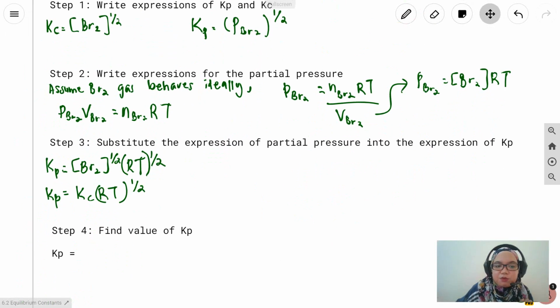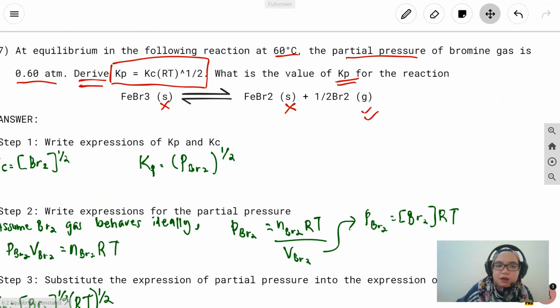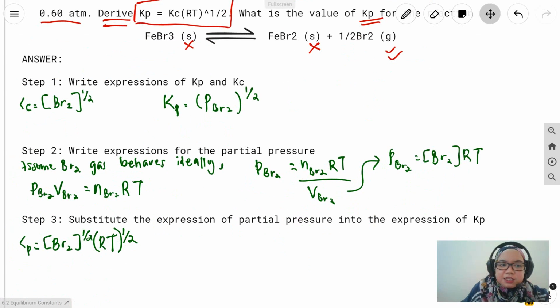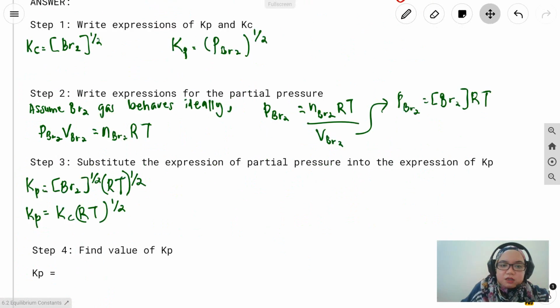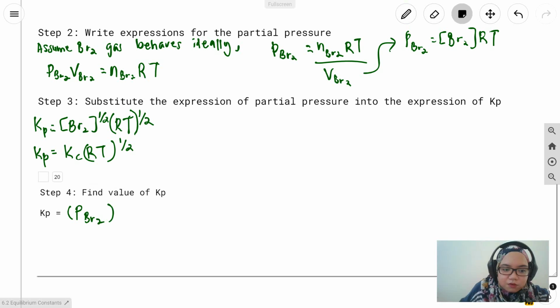So now, for the last question, it asks, what is the value of Kp? So we want to find Kp. So we know that they gave us the partial pressure of bromine gas is 0.6, right? So we can use this equation. Kp is equal to the partial pressure of bromine to the power of 1/2.